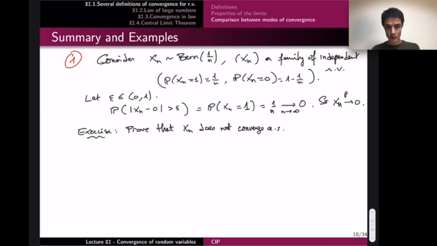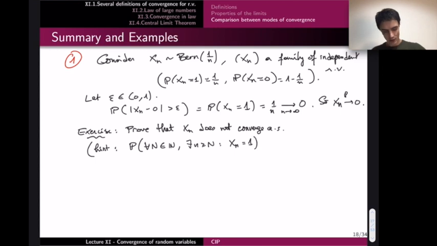If it does not converge to 0, well, that means that what you can try to prove is the contraposition of this, which is that for any integer capital N, there exists n greater than capital N such that Xn is equal to 1.